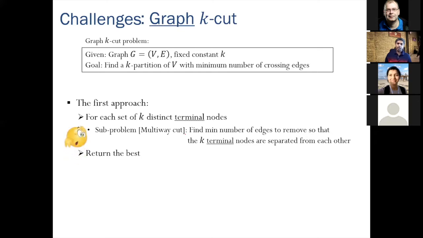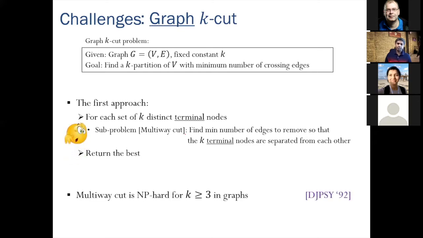But this subproblem is the multi-way cut problem, which is NP hard even for K equals 3. So the first approach, which works for graph 2 cut, already fails for graph 3 cut. Graph 3 cut is already non-trivial, yet it is solvable in polynomial time.